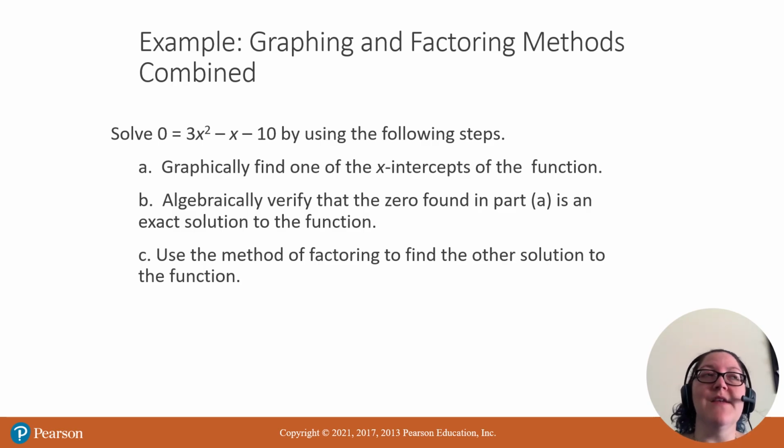Now, in the case of linear, we can totally do that, pretty straightforward. However, with quadratics, sometimes we have all these different methods. So this one, we're going to use the graph first. So we're going to graphically find an x-intercept. We're going to verify that it worked. And then we're going to use the method of factoring to get another solution.